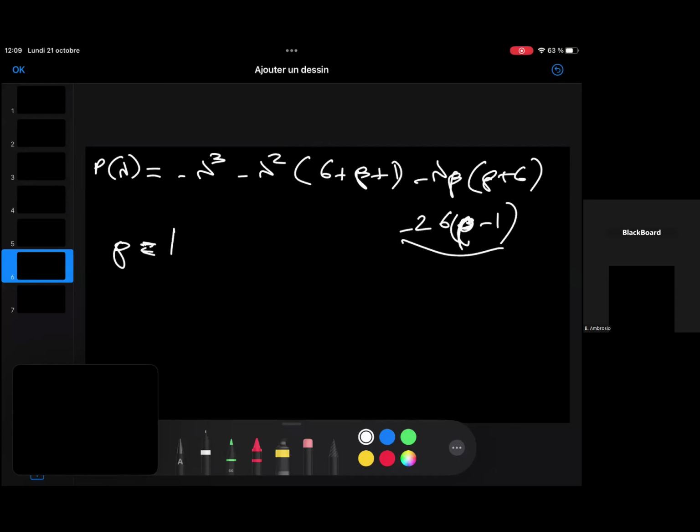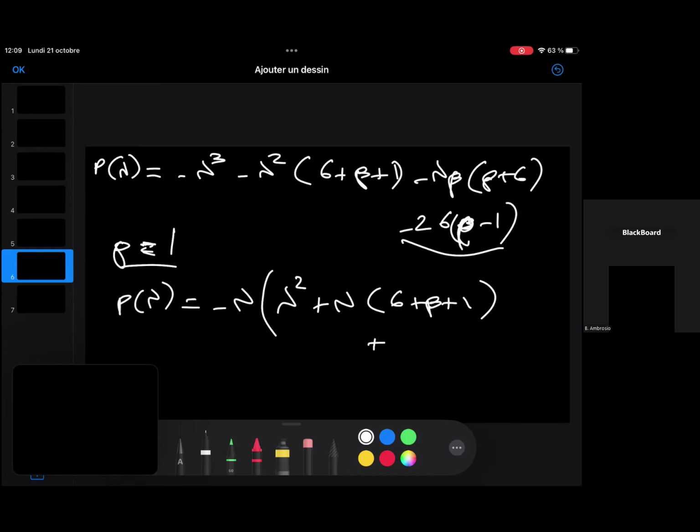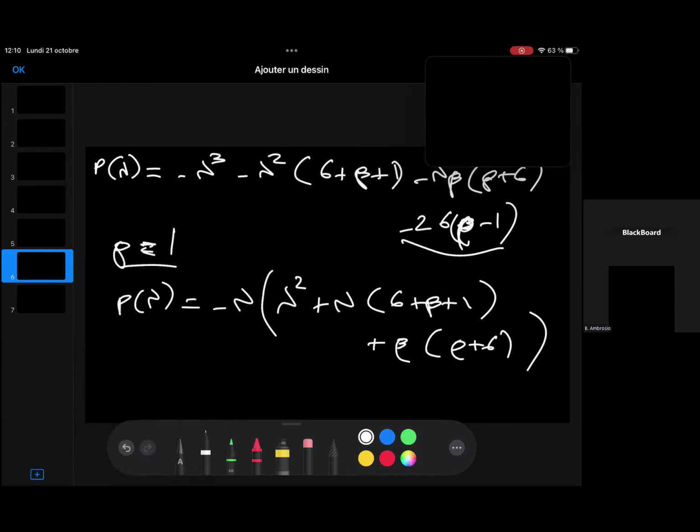So we get minus lambda of lambda square plus lambda sigma plus beta plus 1, plus beta rho plus sigma.